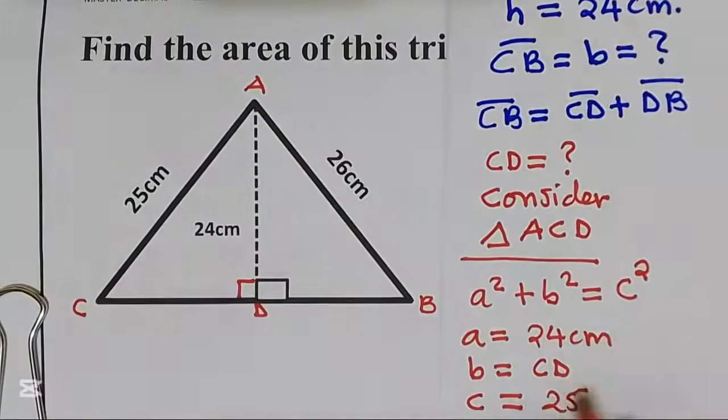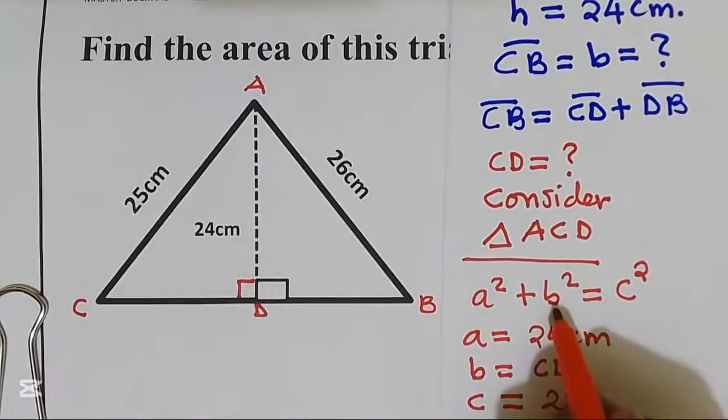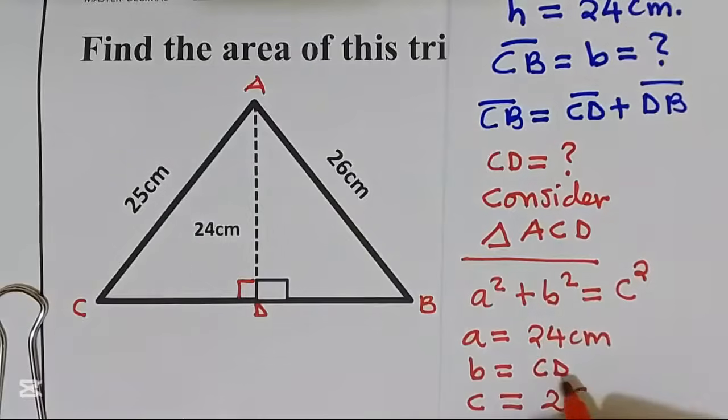Let us substitute this into Pythagorean theorem to get b, which is the same as distance CD.